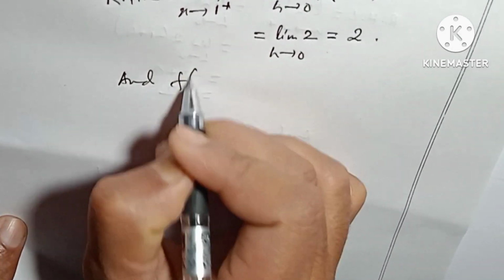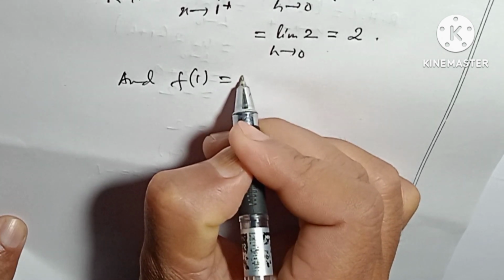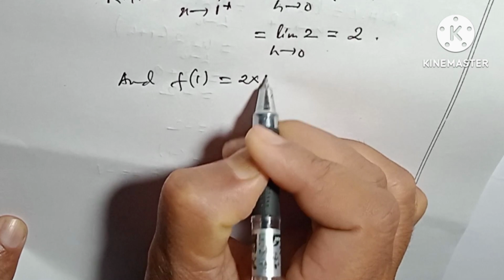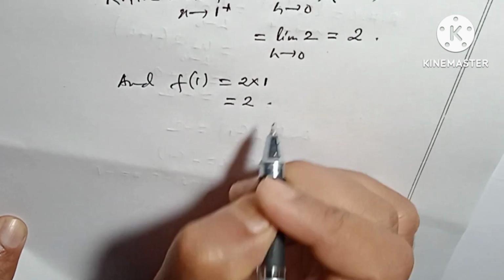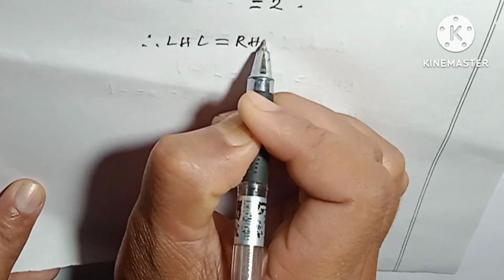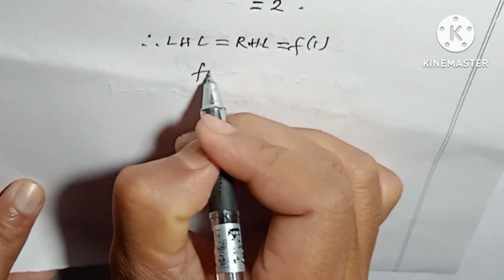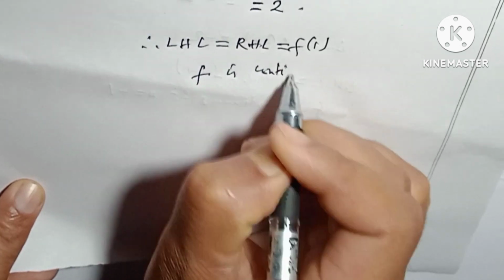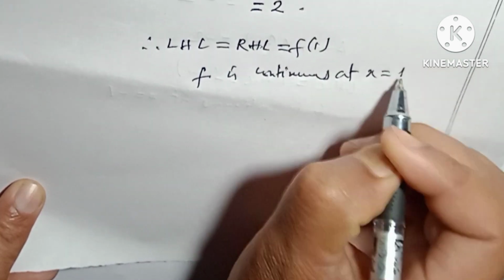And f(1) is also twice x, that is 2 into 1, which is equal to 2. Therefore the left hand limit equals the right hand limit and f(1). f is continuous at x equal to 1.